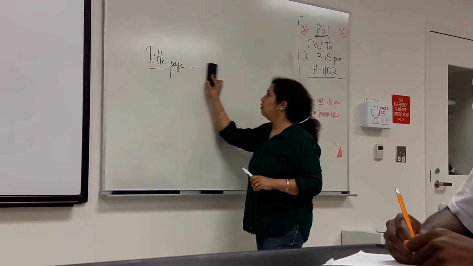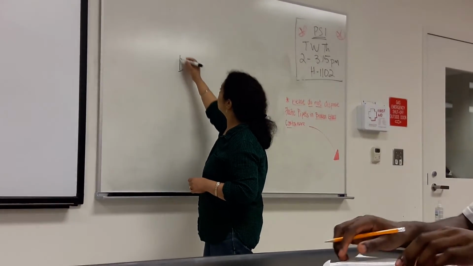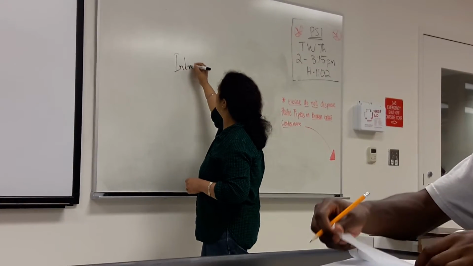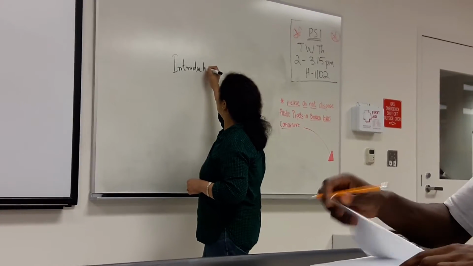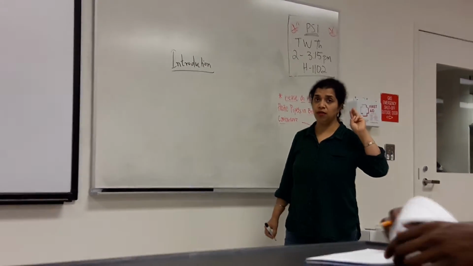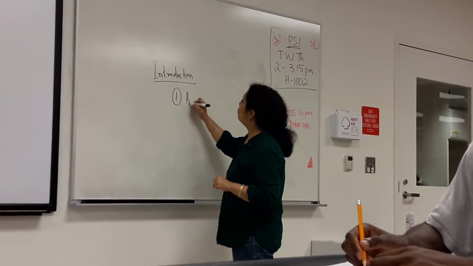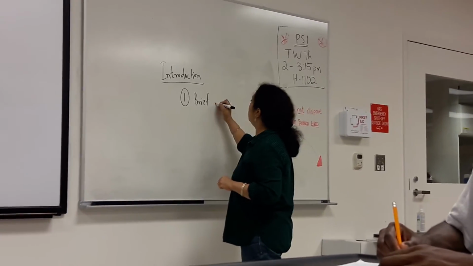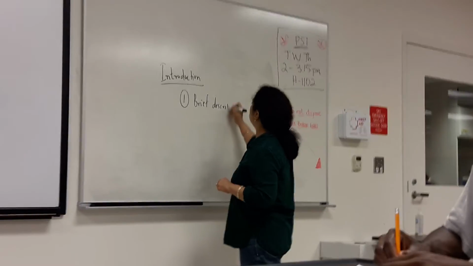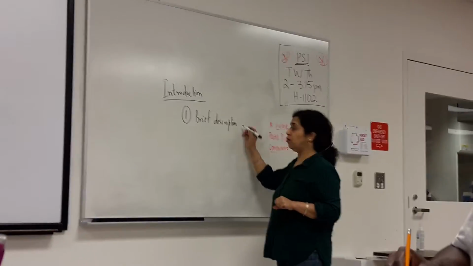After that, you go to your second page, which will have your introduction. In the introduction there are 3 things required. Number 1, you have to give a brief description of the subject, and the subject is enzymes.